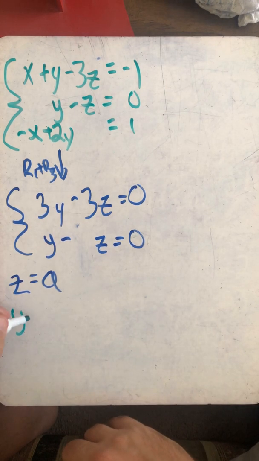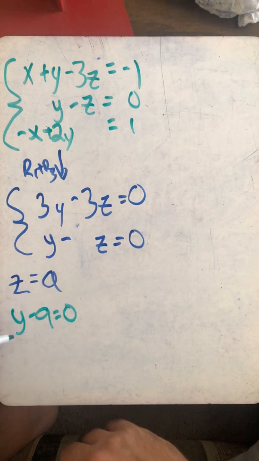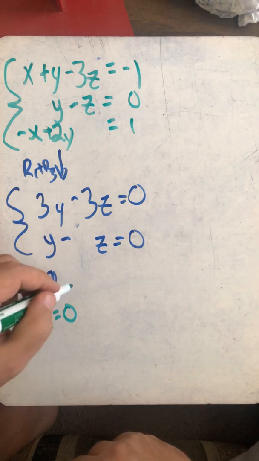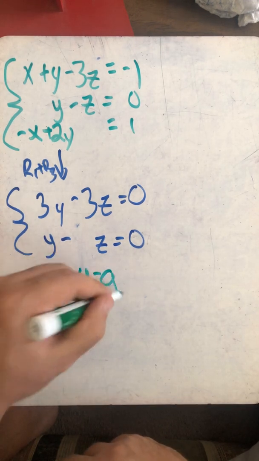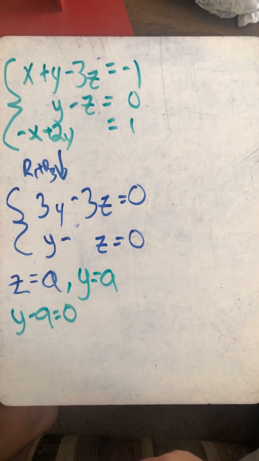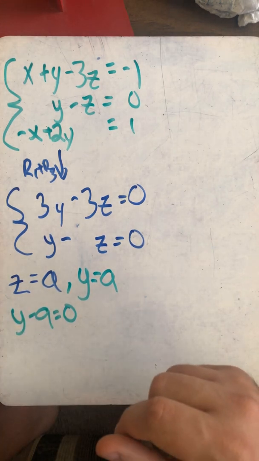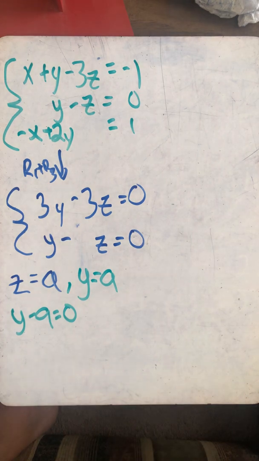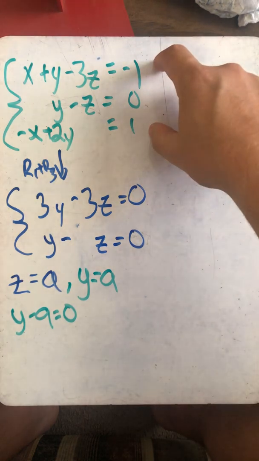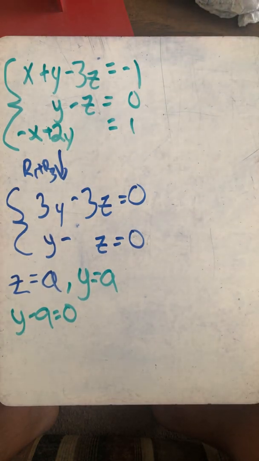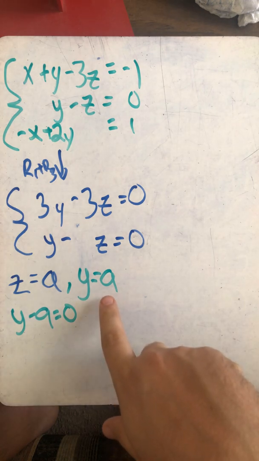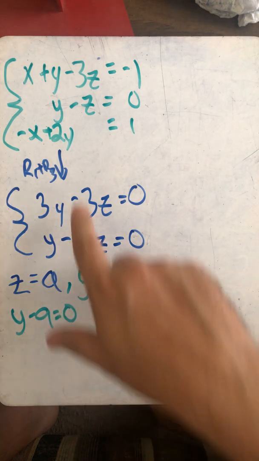So y minus a equals 0. Well, therefore, y also equals a. We've got our first two here. Now we got to solve for x. Just like before, it does not matter which one you plug it into. Okay? So what I'm going to do, I'm going to plug in a into the bottom one.